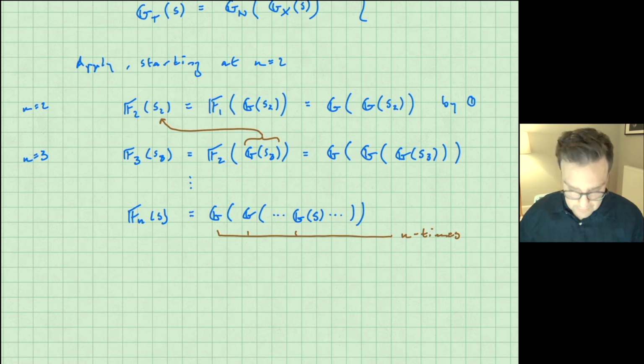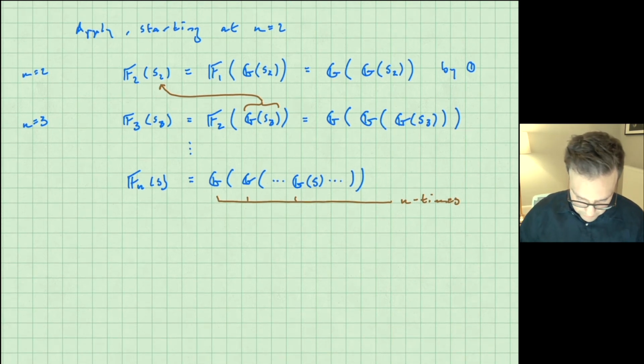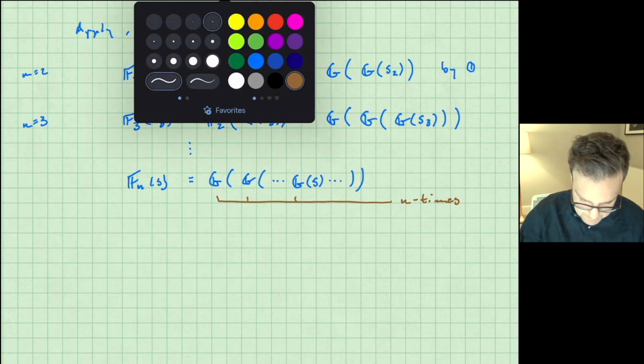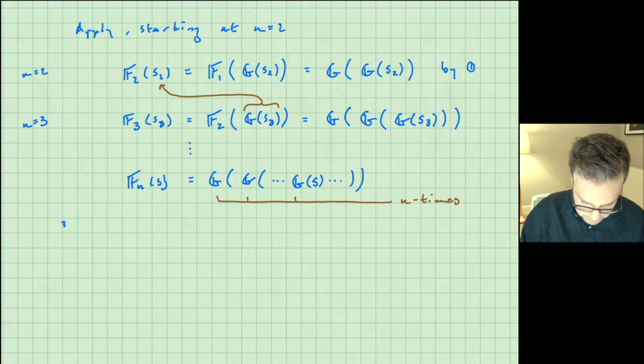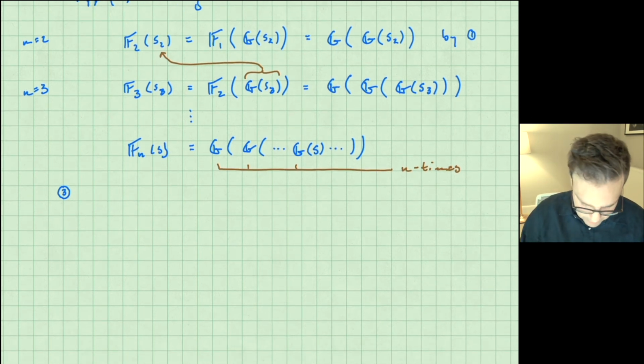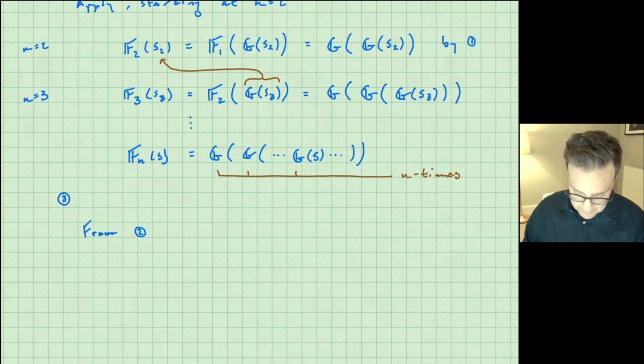So now we're ready to go on to the last part of the proof. So part 3. Oops. Right, and so we're going to start by using something from the previous part. From the last part that we just proved, from part 2 of the proposition, I'm just going to take this result that we just created.